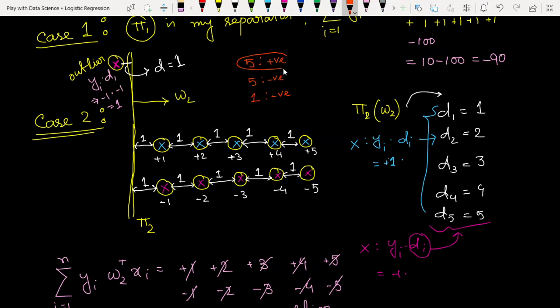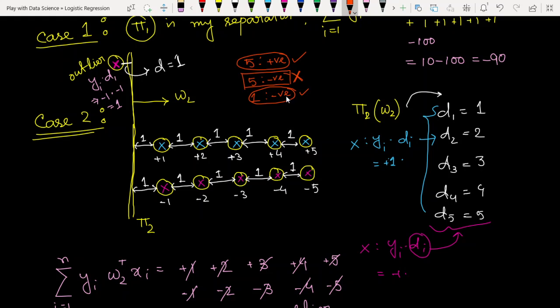So in this plane, this is correctly classified in the positive direction. This is also correctly classified in the other direction, the negative direction. But the main problem is this one, which is not correctly classified.